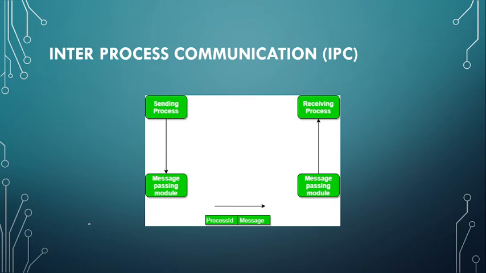Now, this is how the message passing modules work. For example, process A wants to send a message to process B, which is the receiving process.